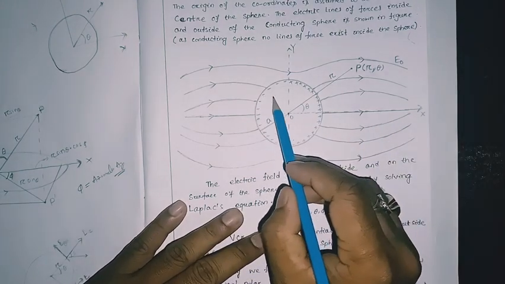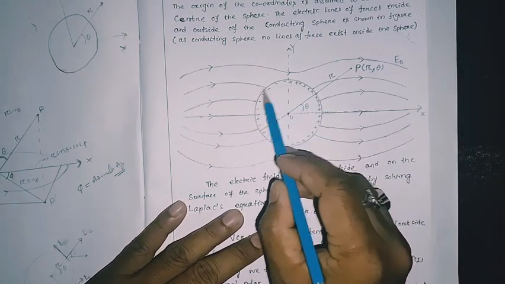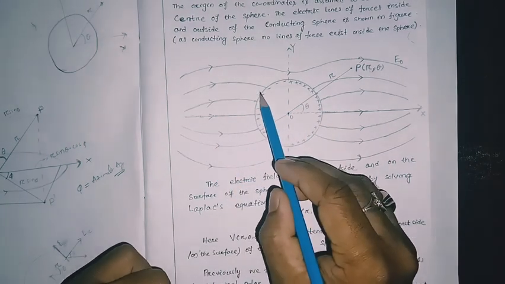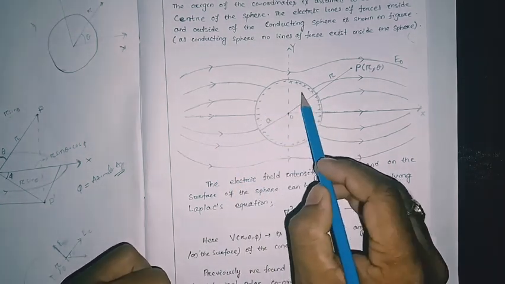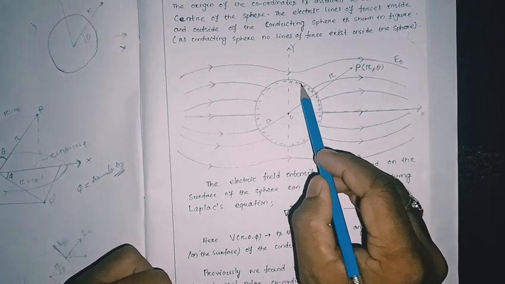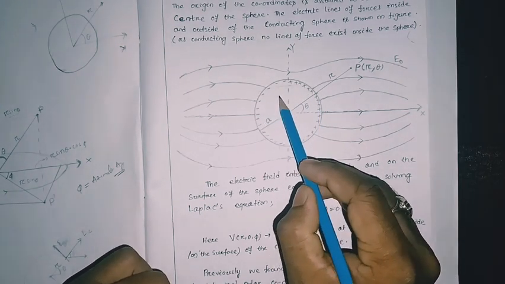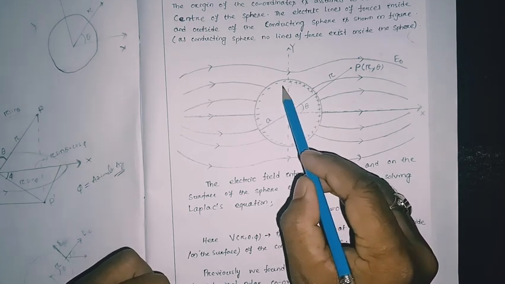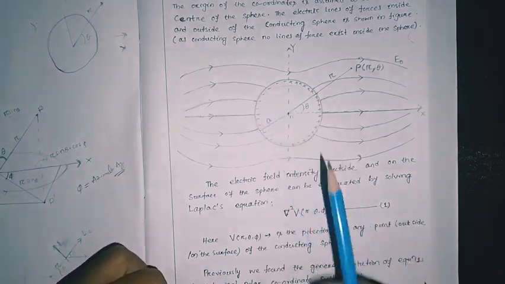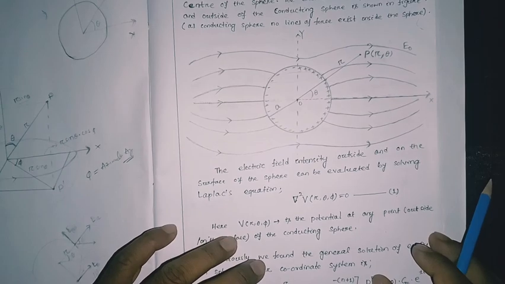Suppose I consider here the so-called azimuthal angle portion or element. Here the number of positive charges up to this much will be the same as the number of negative charges, with the same magnitude, on this side. Okay, so both will cancel with each other.